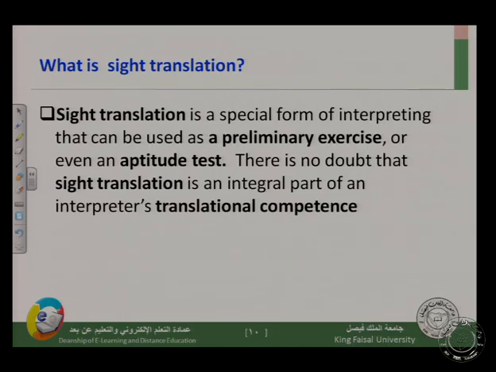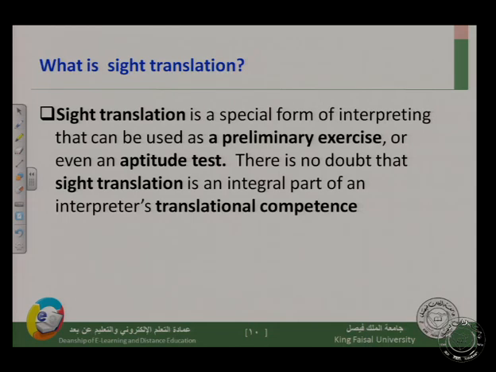In other words, if I want, for instance, to test you and see whether you are really good to become an interpreter or not, before I accept you to become, for instance, an MA interpreter, if you want to do an MA in interpreting, English, Arabic language, then you need to go through so many tests, even an aptitude test.